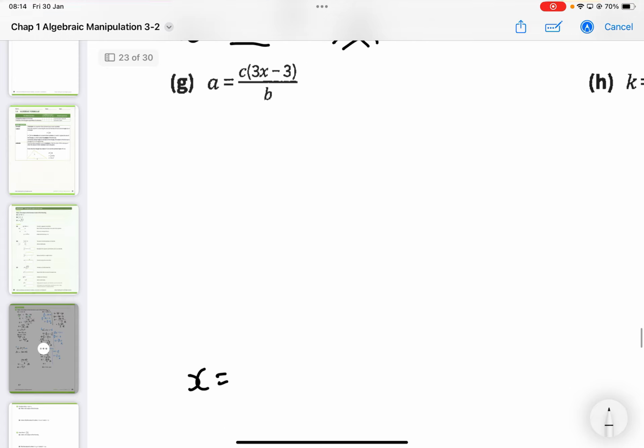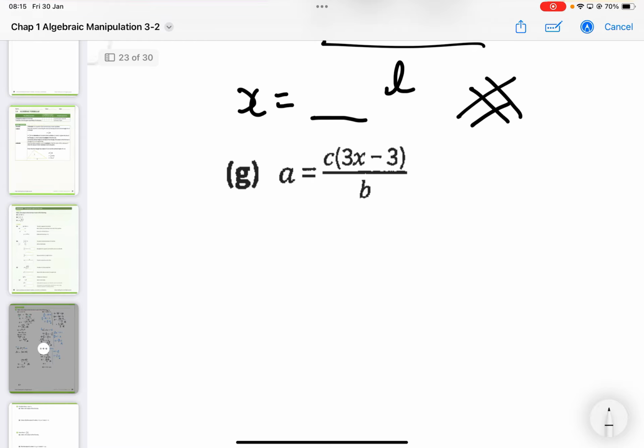So there are two ways. I don't like fractions in equations. And my X is trapped inside the numerator. So if I can get rid of the denominator, then it will be easier to get to my X later.